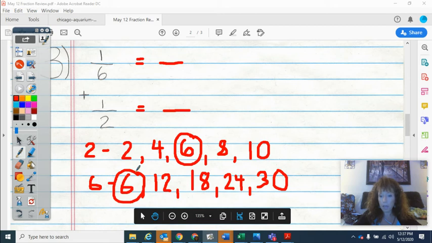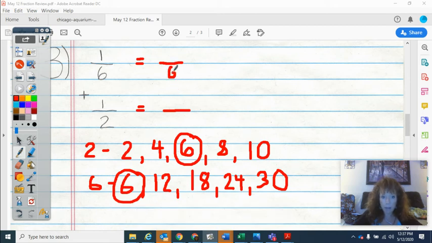So I'm going to change my fractions to have the denominator of 6. Now, if I had kept going, the next multiple of 2 after 10 is 12.